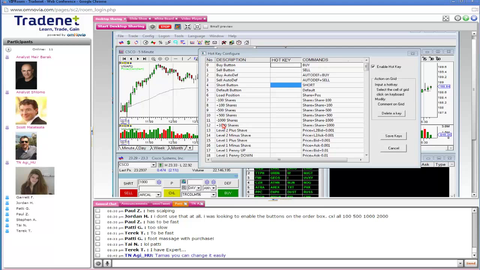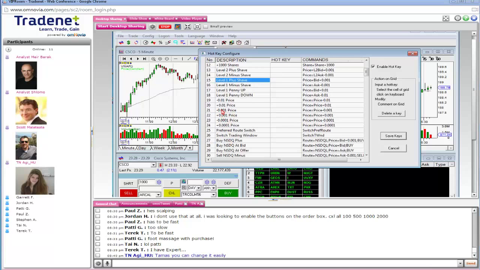All the minus commands are actually referring to the price, saying you are going to decrease 1 cent from the best level 2 ask.